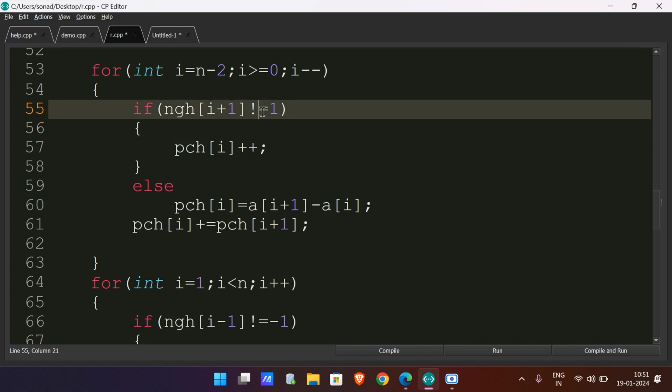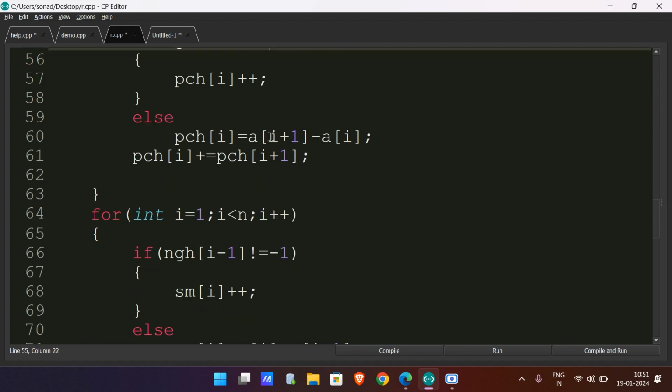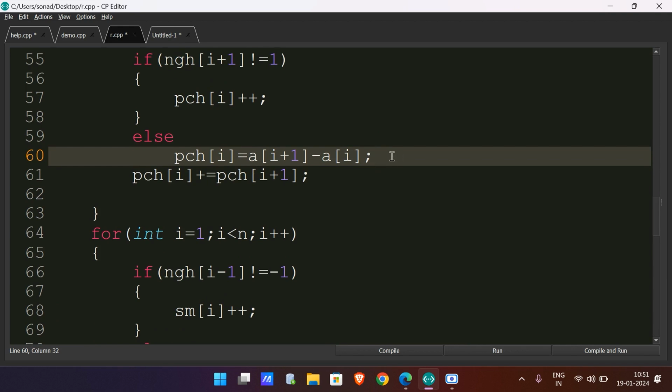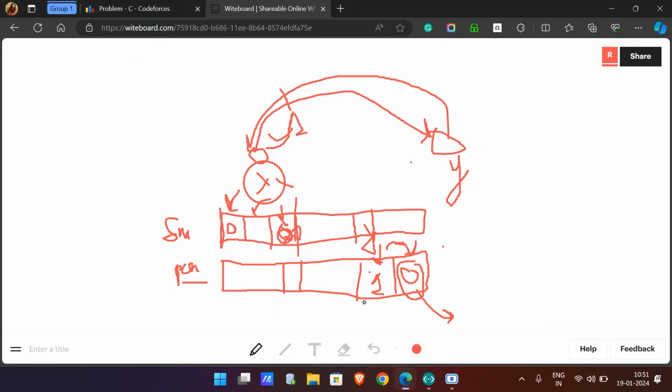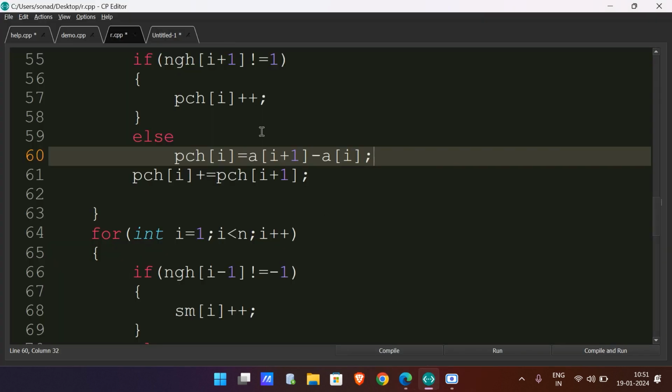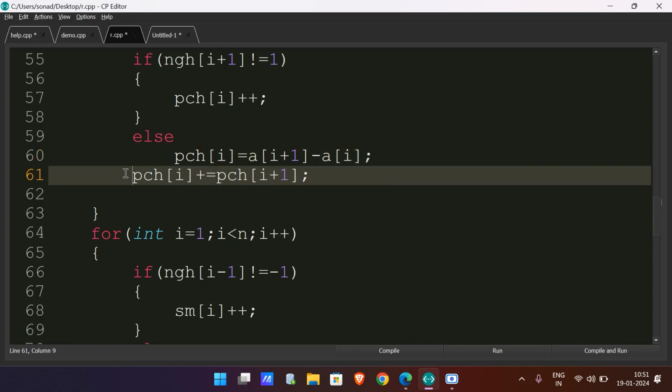If it is not right, then I'm doing pch of i, the distance. If this city's neighbor is not this particular city, then I need to calculate the distance between these two cities. That's the only way. So I have calculated those, and that's a prefix sum.